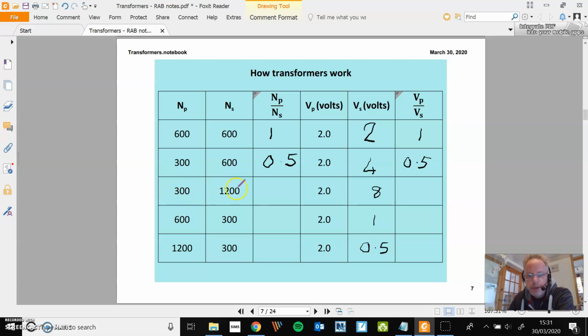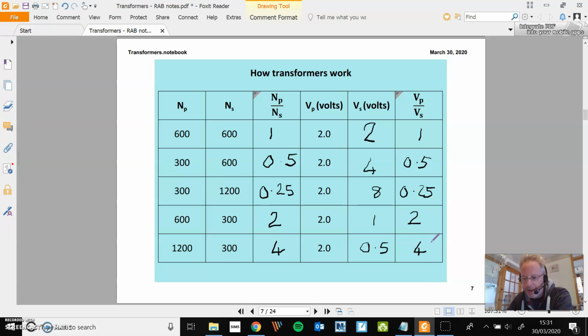If we look at 300 to 1200, that's a quarter. If we look at 2 to 8, that's also a quarter. If we look at 600 to 300, that's a ratio of 2. If we look at 2 to 1, that's a ratio of 2. If we look at 1200 to 300, that's a ratio of 4. If we look at 2 to 0.5, that's also 4.